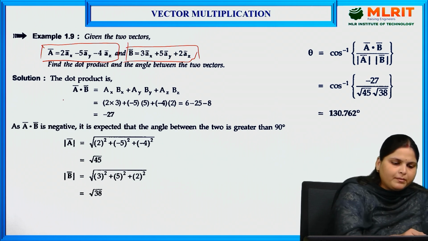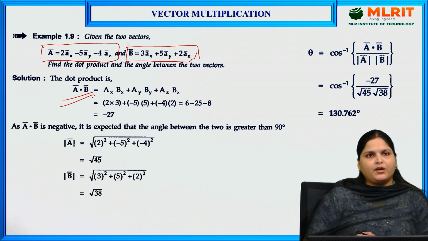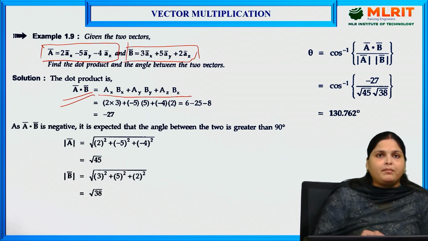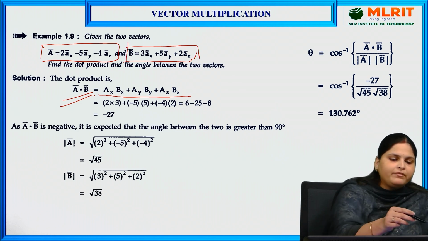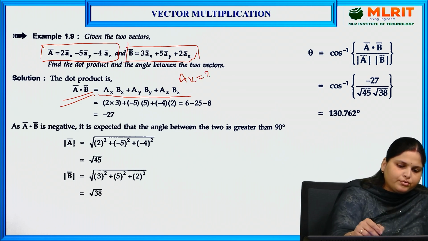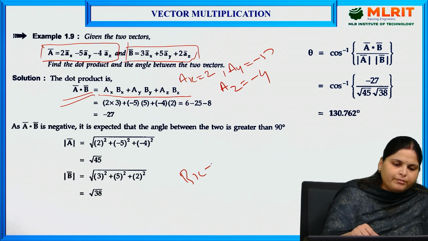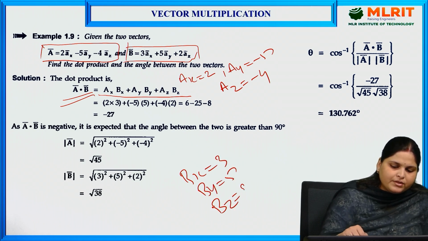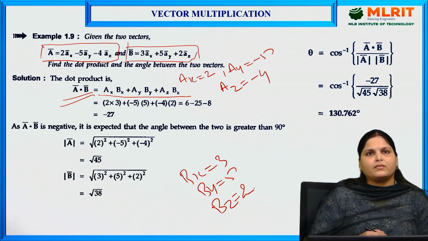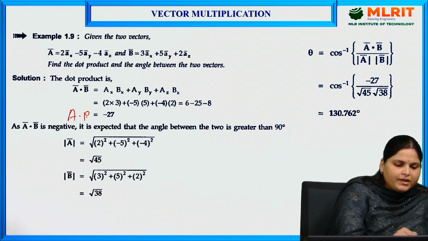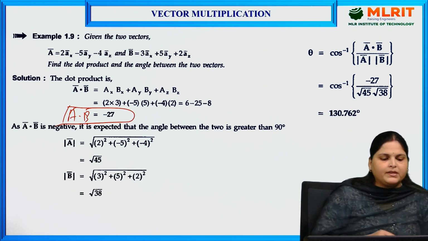So the dot product will be, as we have seen in the properties, A dot B, and it can be written as axbx + ayby + azbz, and we have ax = 2, ay = -5, az = -4. Similarly, we have bx = 3, by = 5, and bz = 2, right? So we will put it into this formula and we get A dot B = -27.